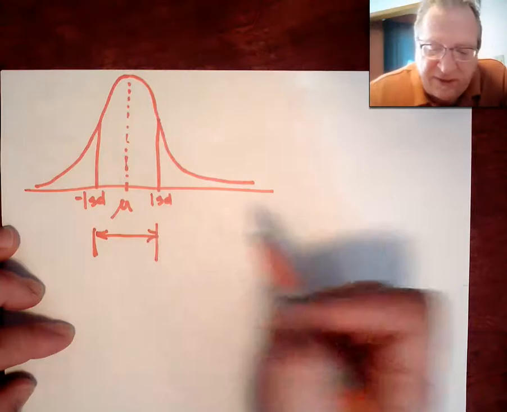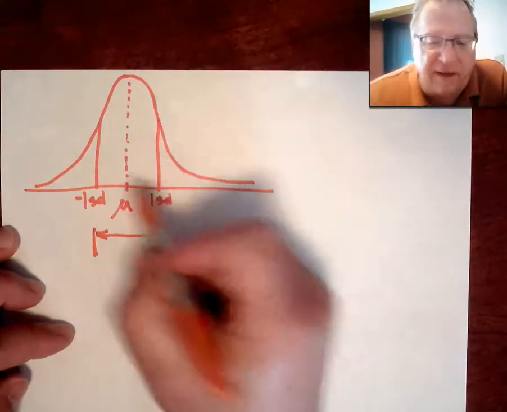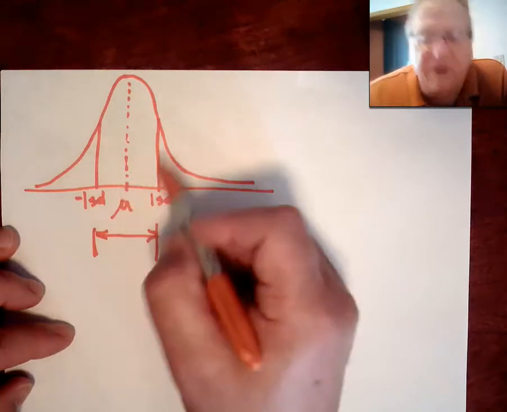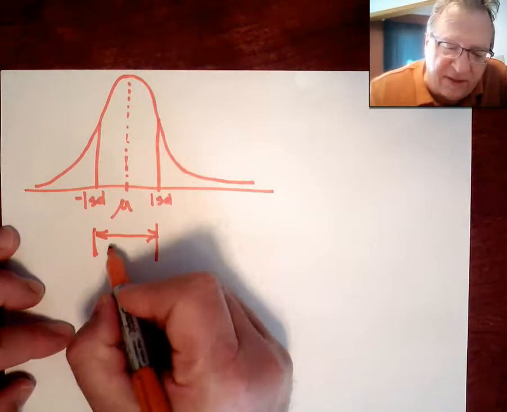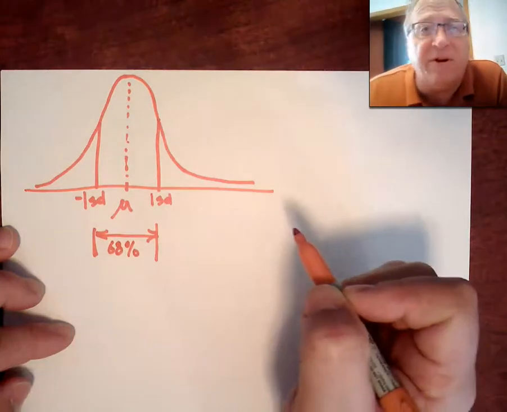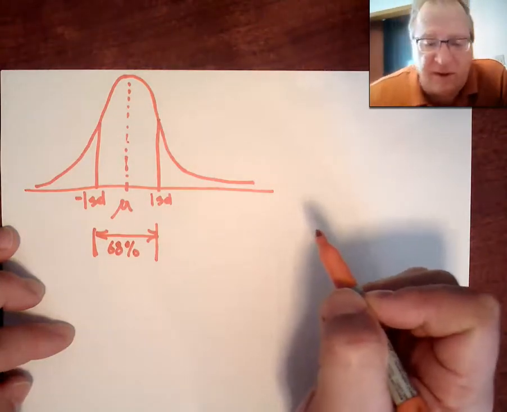Turns out that the area under this bell curve, limited by plus or minus 1 standard deviation, is equal to 68% of the area under the curve.